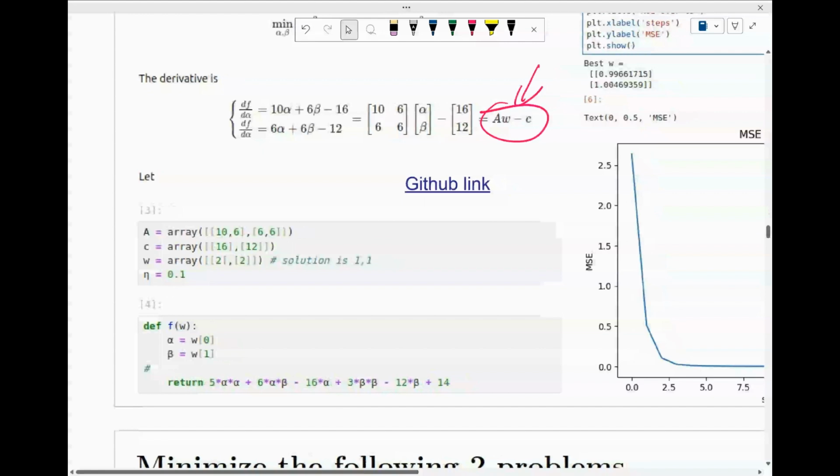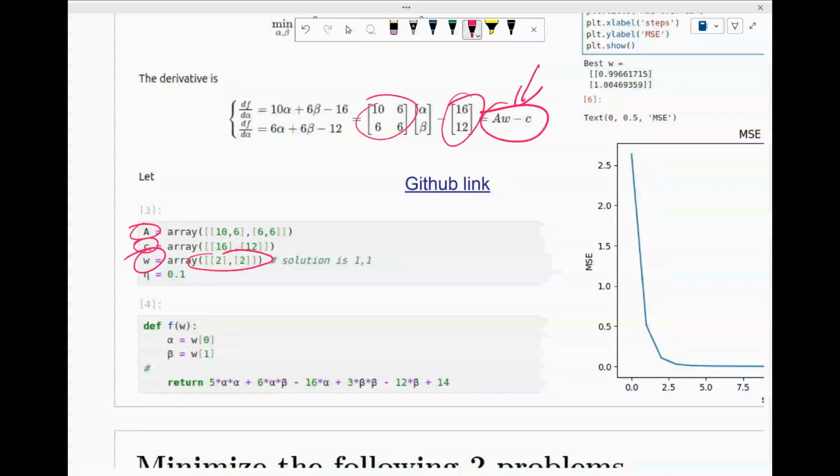Okay. So let's see here. I define the A, which is this matrix. I define a C, which is right here. I define a W. So I initialize our starting point. This is where we're going to start walking. So alpha and beta is 2 and 2. I just picked this. And I know ahead of time that the solution is 1 and 1. So you should incrementally walk towards 1 and 1.